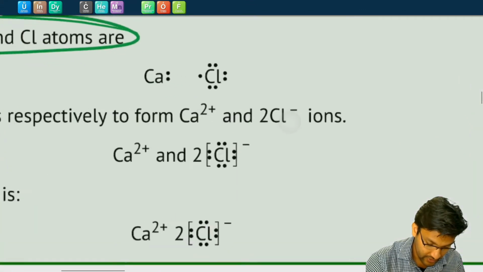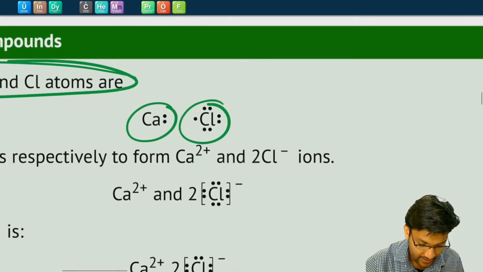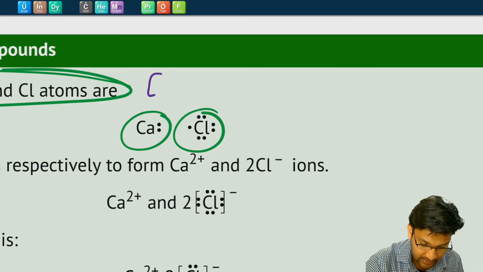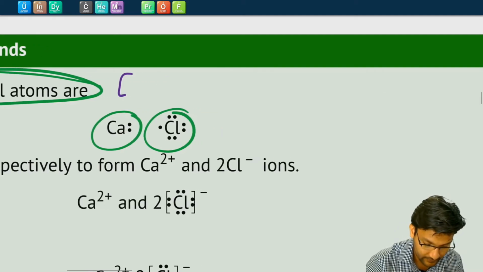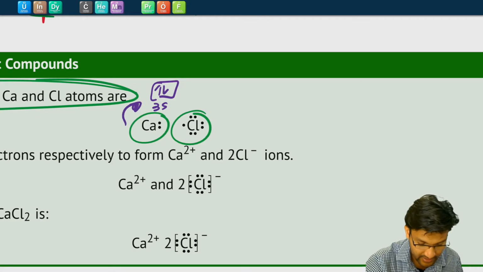So if we were to draw the Lewis structures, this is what they will look like. In case you were wondering, calcium was going to be 3s with 2 electrons in it. That was for calcium. That's where the pair of electrons come from.